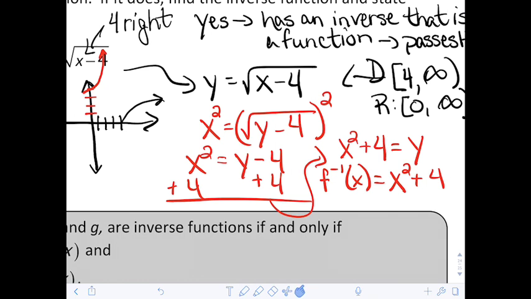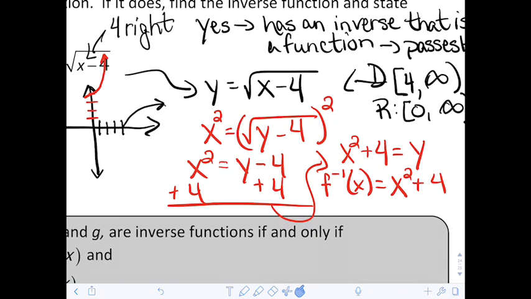So even though this would be a full-blown quadratic, we really have to restrict that domain now because of what it came from, and the domain would be 0 to infinity. And again, that was what the range was in the original. That's now the domain in the inverse.